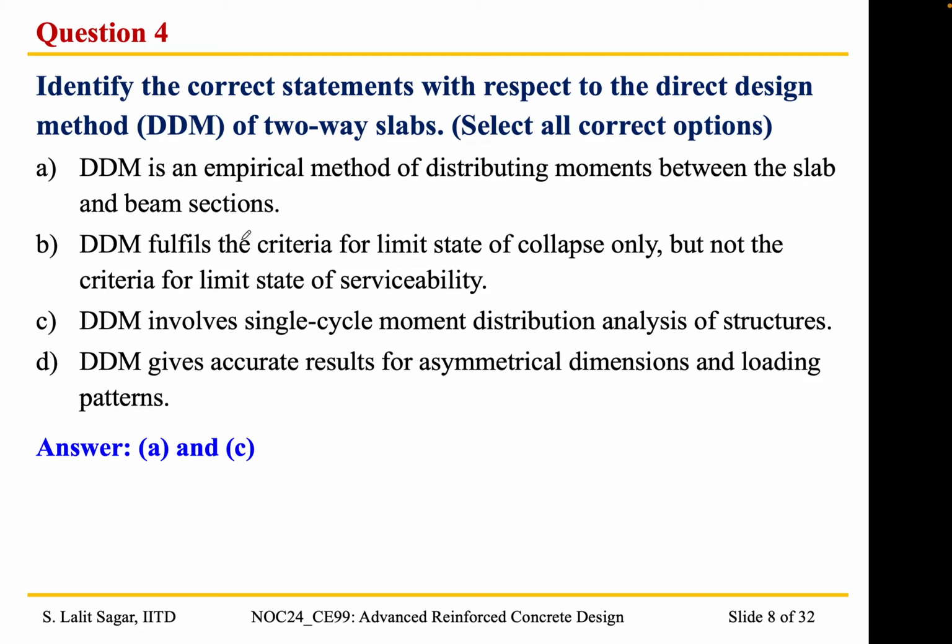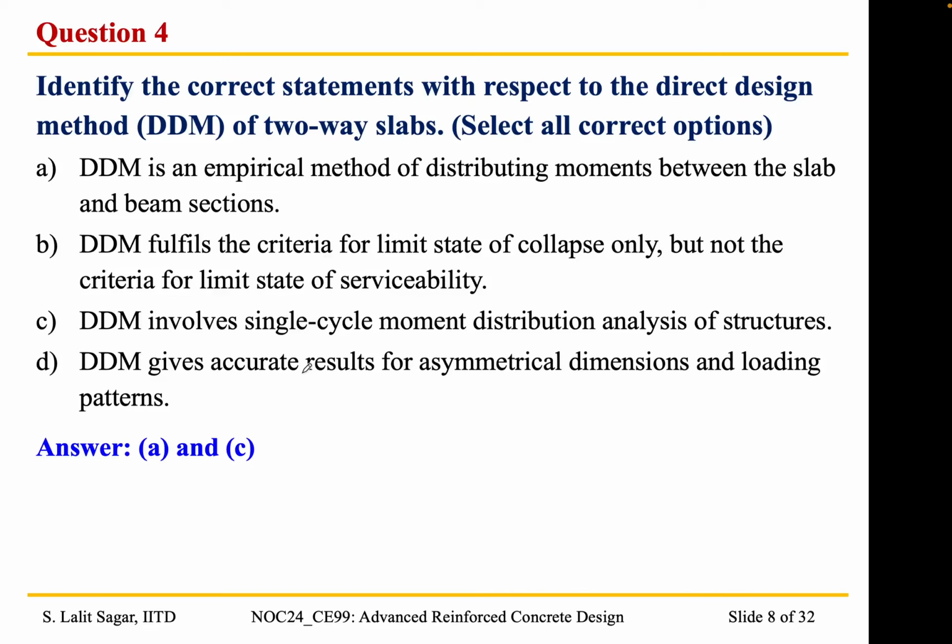And option B is incorrect because it tries to fulfill the criteria for the limit state of collapse and the limit state of serviceability simultaneously. And option C is correct because it involves a single cycle moment distribution analysis. On the other hand, the equivalent frame method involves multiple iterations of the moment distribution.